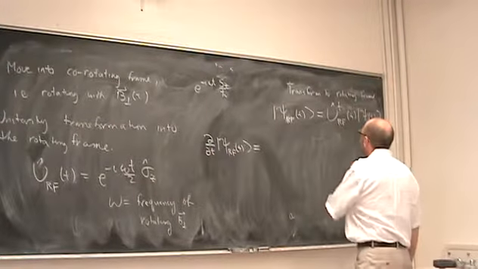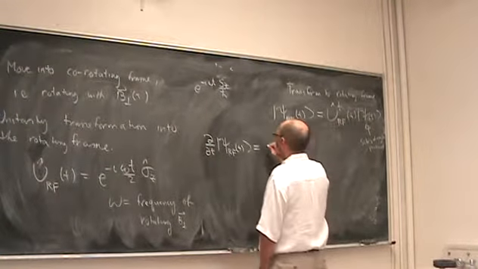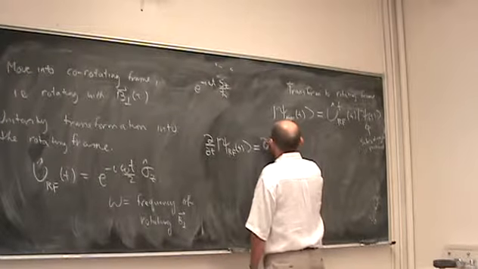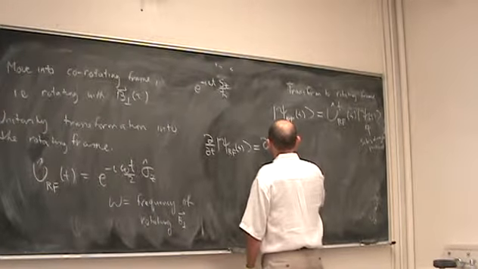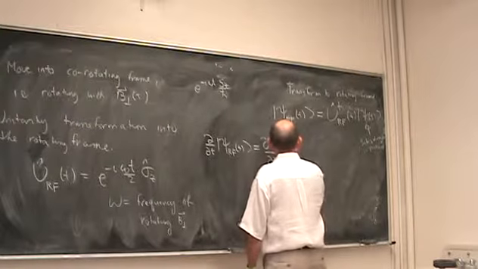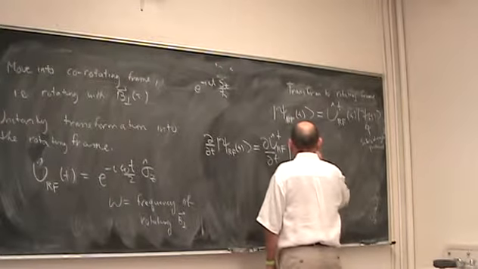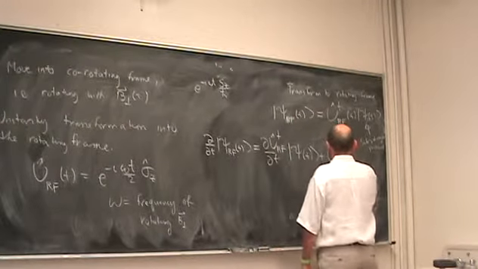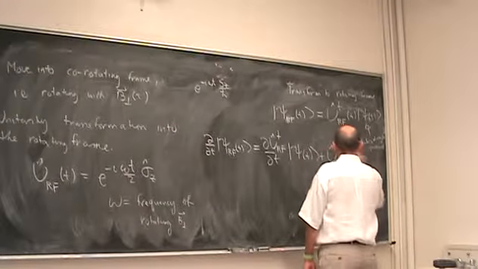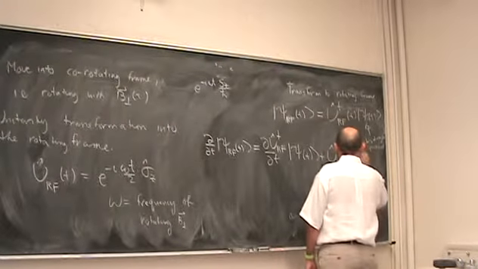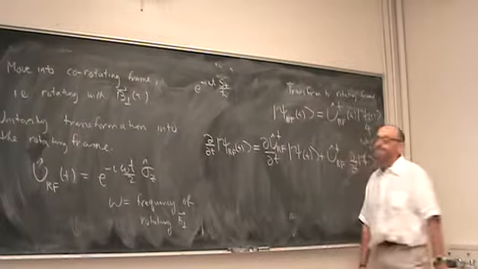Well, according to this, it is equal to the derivative of u dagger, psi, plus u dagger d by dt of psi.